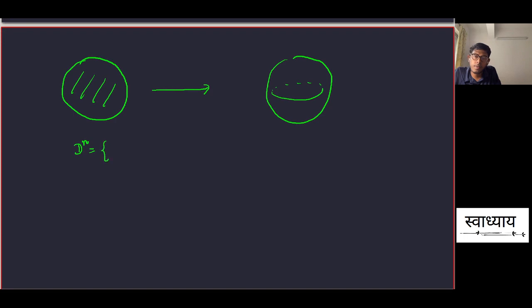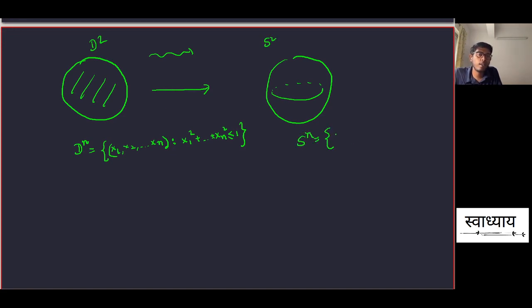This is the set of all (x0, x1, x2, ..., xn) such that x1 square plus ... plus xn square is less than or equal to 1. And so we saw that D2 is giving me S2. So this should give me the n-sphere.